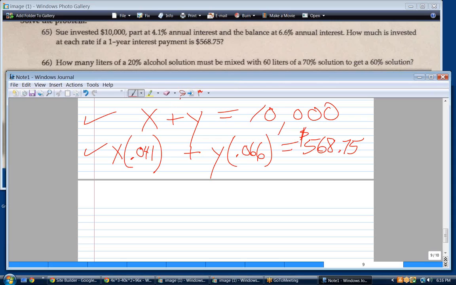Okay. If x plus y is equal to 10,000, what is x equal to? X plus y equals 10,000. What is x equal to?